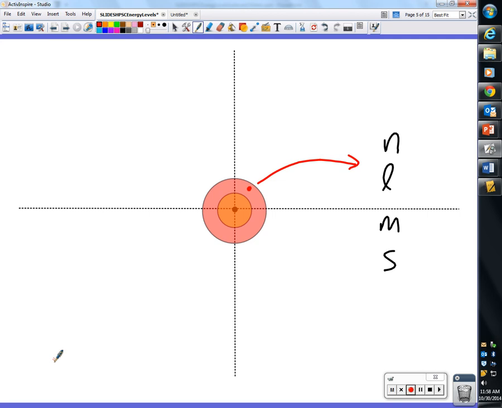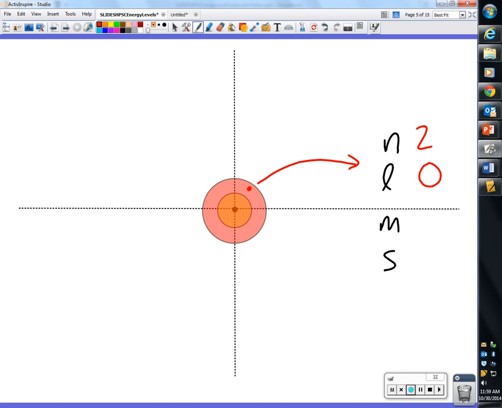Meaning, what value for L should it have? 0. All spherical orbitals have an L value equal to 0. However, which principal energy level is this electron in? We've jumped up from one principal energy level to the next principal energy level. Okay? Good there?